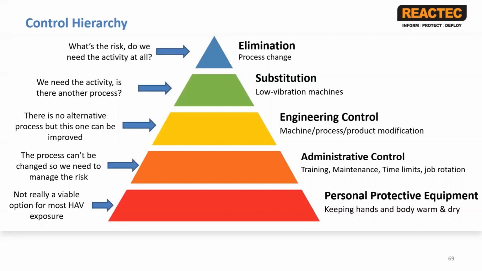And the lowest control measure deemed appropriate, and in the case of hand-arm vibration, there is very little that can be done, is the use of PPE, or personal protective equipment. For hand-arm vibration, the use of gloves may well keep the hands warm, which is a good thing in terms of exposure to vibration, but they won't stop the vibration causing harm to the individual.